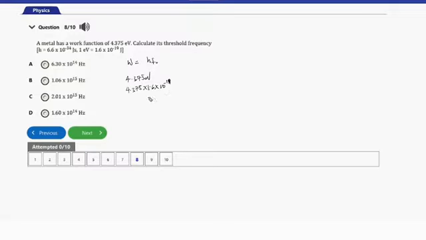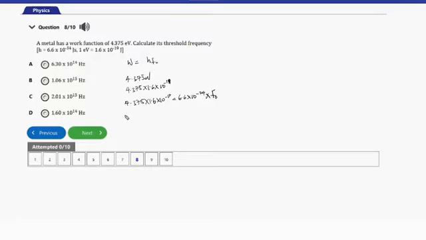So in this case, if we plug in the values for the variables we have here, we're going to have that 4.375 times 1.6 times 10 to the power of negative 19 is equal to 6.6 times 10 to the power of negative 34 times f naught.